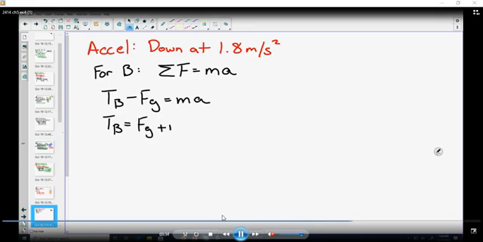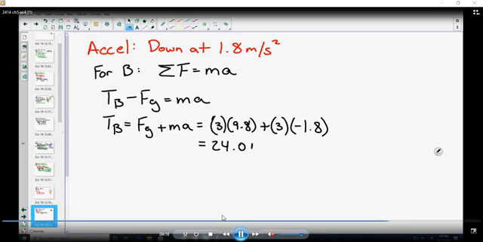Just solving for TB, we know that the force of gravity is equal to the mass times G. If you multiply these and add them up, you find that the tension in B is equal to 24 newtons.